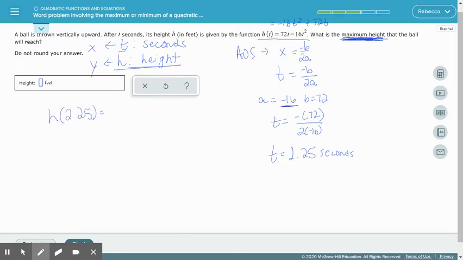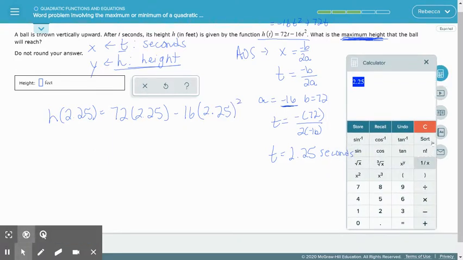So we're going to go ahead and just go back to the original, 72 times 2.25. Again, it doesn't matter. You could use the way we rewrote it, but I find it easier to just subtract from a positive than it is to add a negative. And we need to square that. So again, we'll need the calculator.